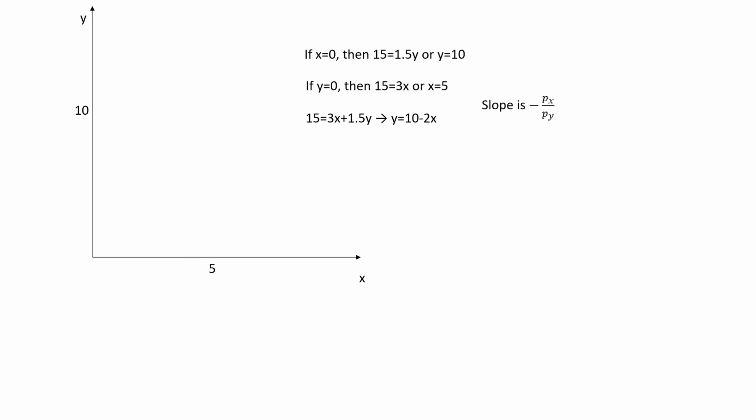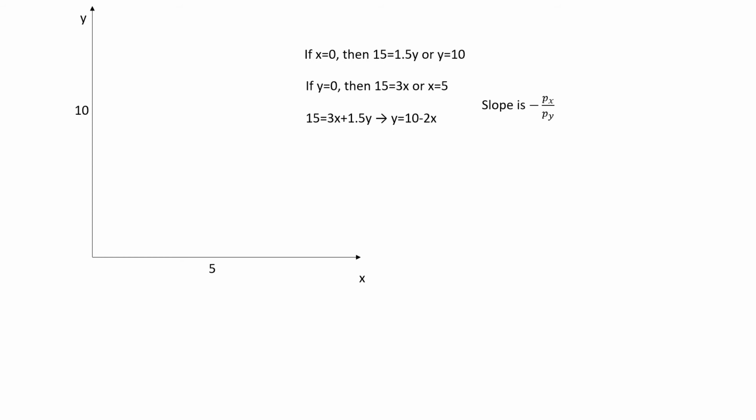You can already see that the slope of this line can be written as minus the ratio of the price of X and the price of Y. It is important, so please don't forget that when you calculate the slope of the budget constraint line, you put the price of good X in the numerator and the good on the vertical axis, Y. So the price of Y will go to the denominator.